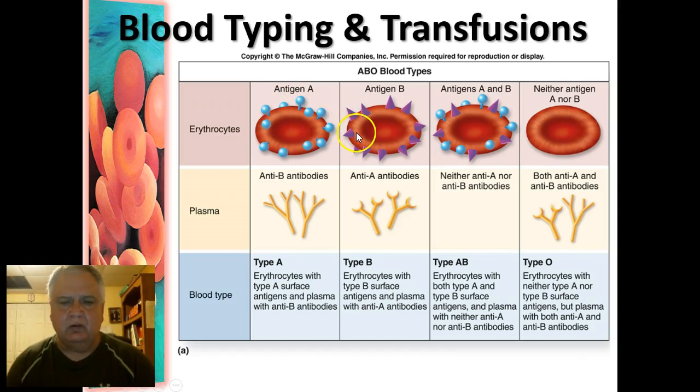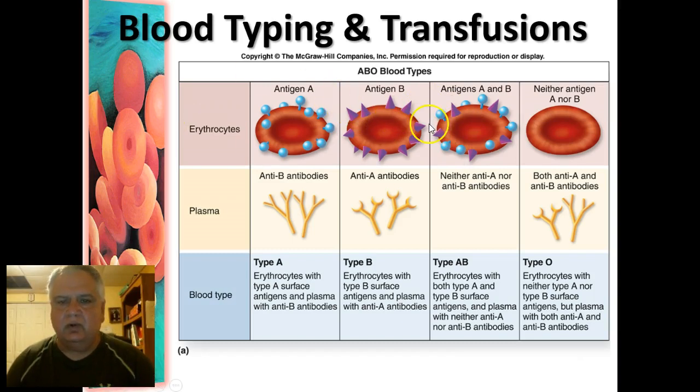Another individual, though, may have red blood cells with different proteins sticking up off their surface. They may have B proteins, or what we refer to in regards to blood typing as B antigens. They don't have A, they express a different antigen, a different protein, we'll call it B.